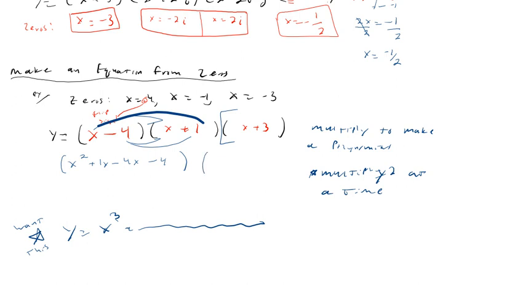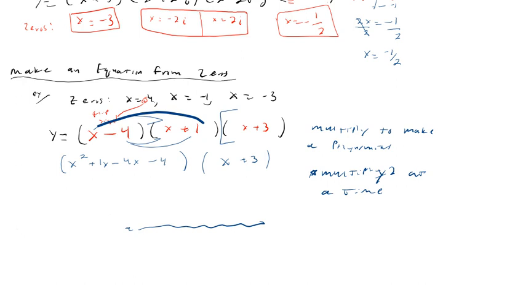Right? So I'm doing 2 at a time. This one I can simplify a little bit more. Let me erase this stuff down here. So I'm going to keep simplifying, keep multiplying. These two add together.